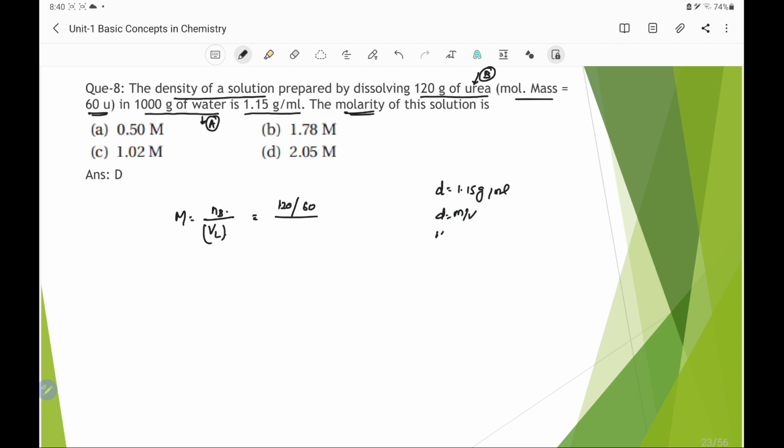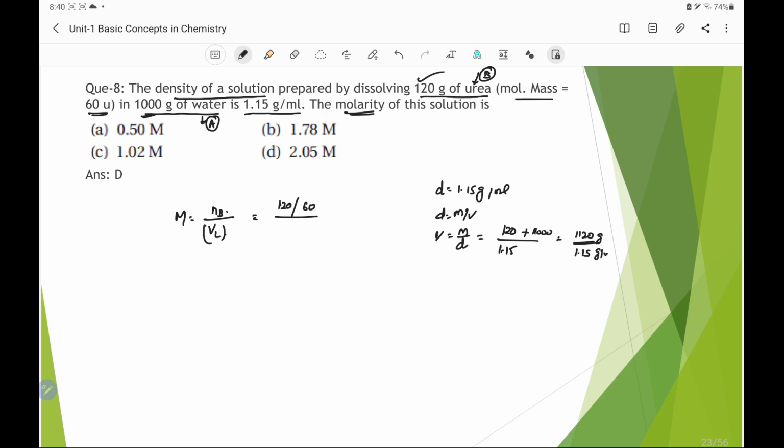So volume will be equal to mass by density, and mass of the solution will be the mass of the solute plus mass of the solvent. Mass of the solute is 120 gram plus mass of solvent is 1000. Hence it is 1120 gram of the mass of solution divided by 1.15 gram per milliliter.